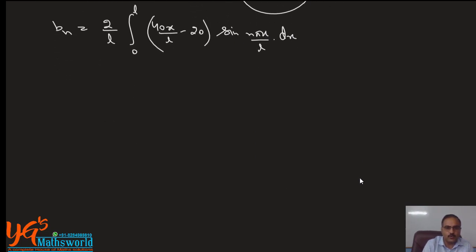Okay. Now we are going to apply the u into v form. So first function as it is, 40x by L minus 20, into integration of sine.